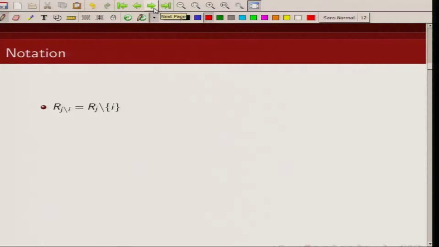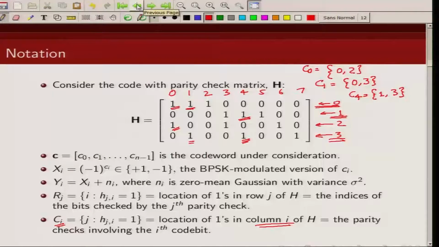Now, we define the set Rj minus a particular element i. So, let us go back. What was R0? R0 was the location of ones in the 0th row, so that location was 0, 1 and 2.